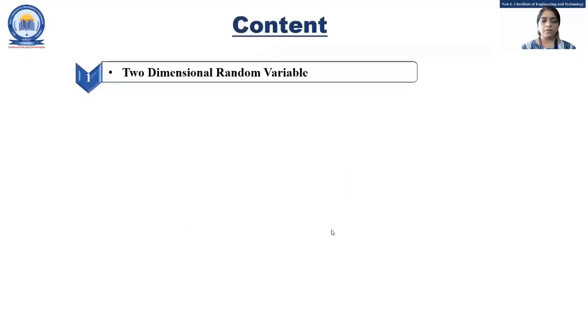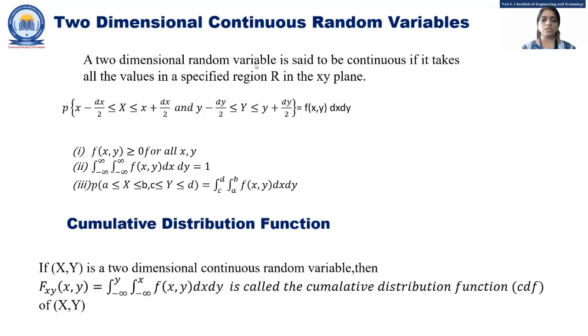Today's topic of discussion is the two-dimensional random variable, and in this topic we start with the two-dimensional continuous random variable. A two-dimensional random variable is said to be continuous if it takes all the values in a specified region R in the xy plane, where P(x - dx/2 ≤ X ≤ x + dx/2 and y - dy/2 ≤ Y ≤ y + dy/2) = f(x,y) dx dy.